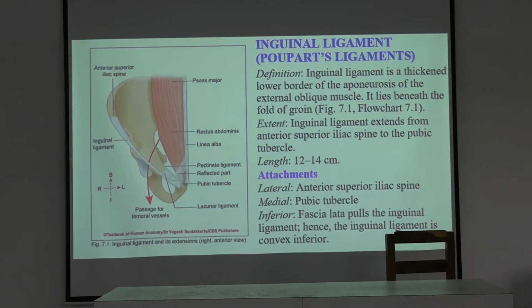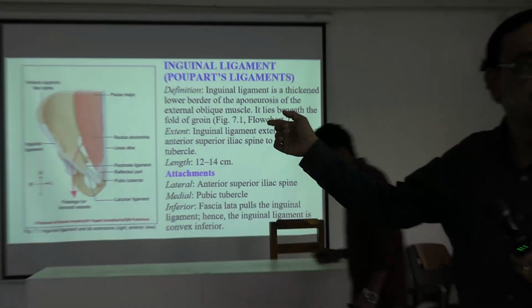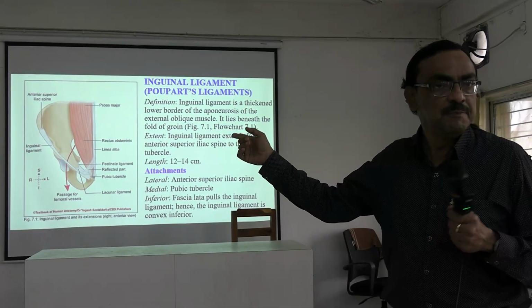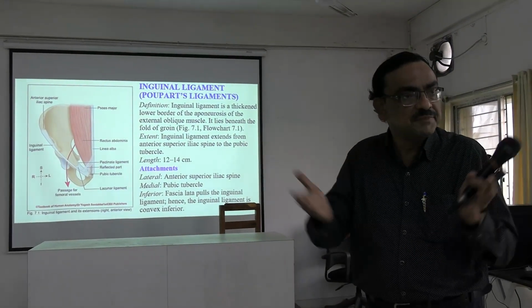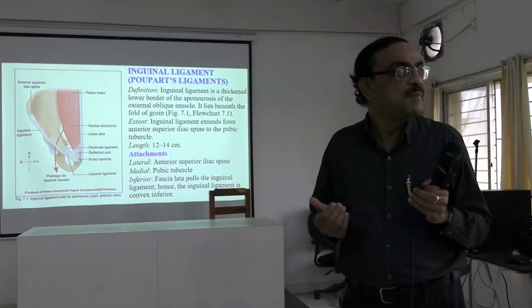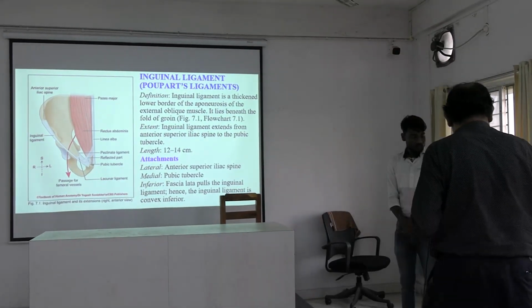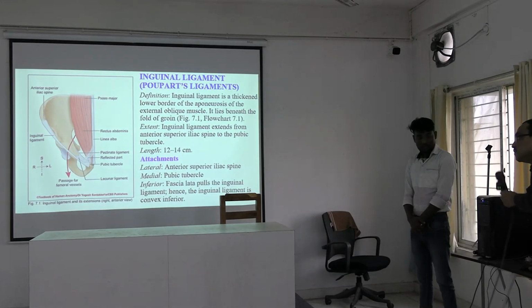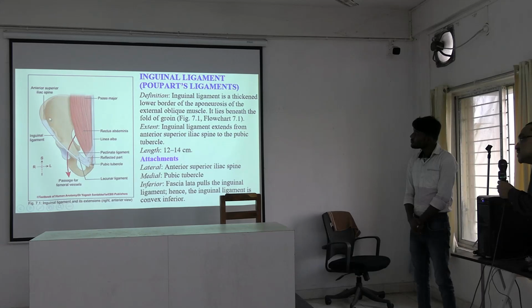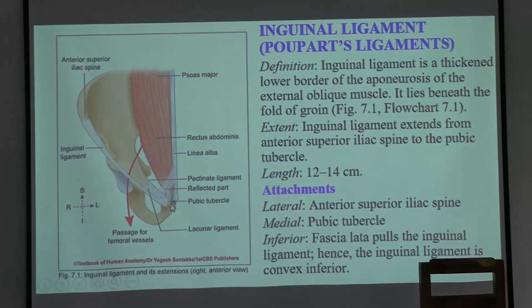Here you can see the pelvis, hip bone, two hip bones and the sacrum create a basin that is called the pelvis. And here we can see the anterior superior iliac spine, and here we can get the pubic tubercle.